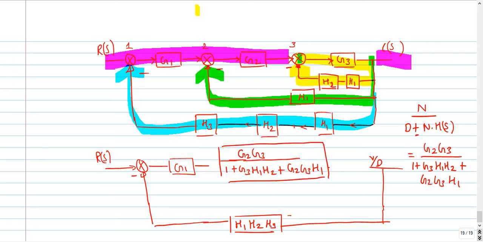This will be the block. And again I have a block G1 in series. You can add here, multiply and neglect that.